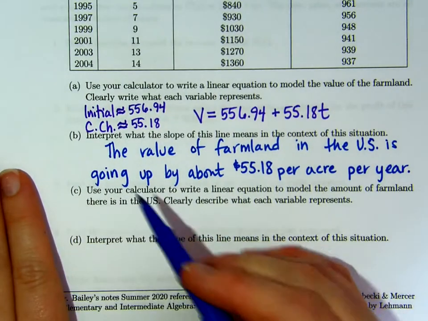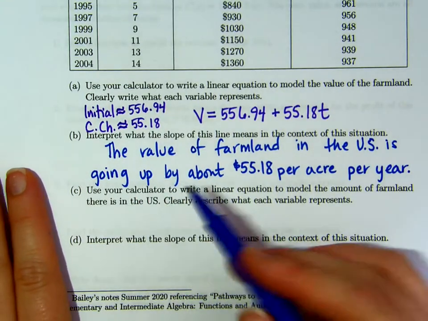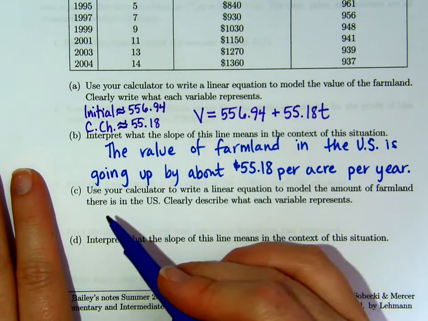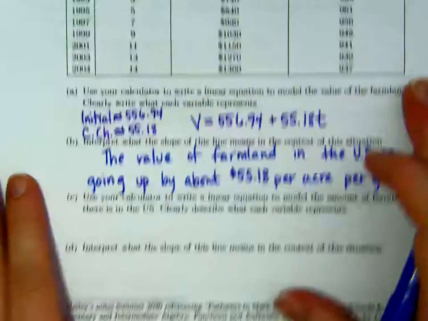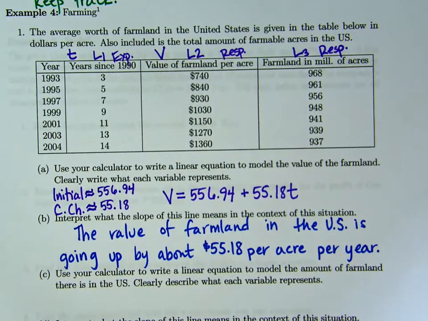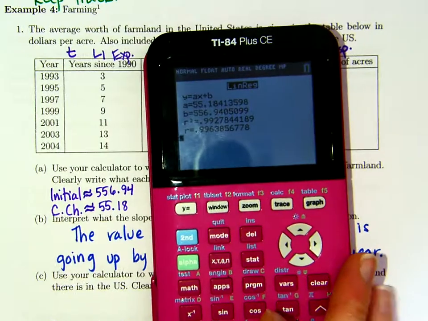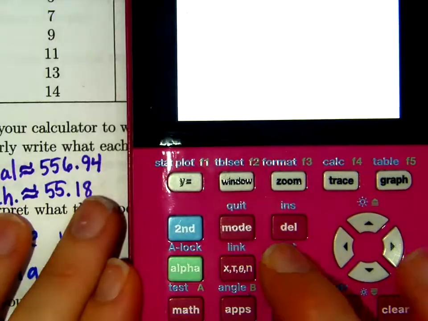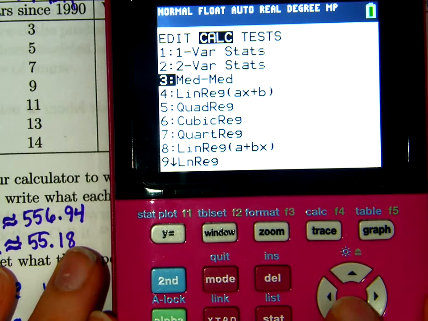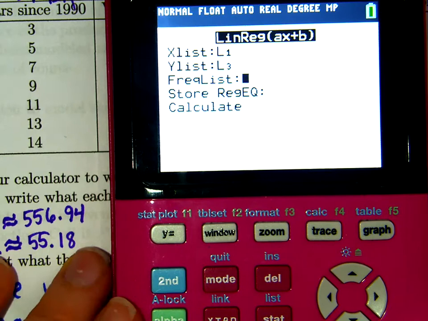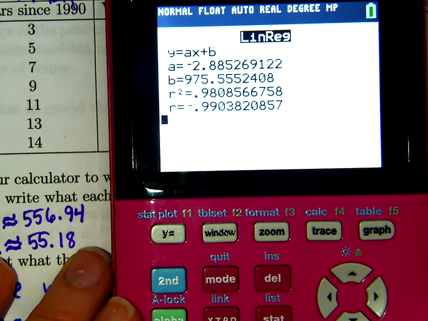Use your graphing calculator, or Desmos will also do this, to write a linear equation to model the amount of farmland there is in the U.S. So farmland, that's my list 3. Let's go through this process again. Stat, Calculate, Linear Regression Model, L1, L3, and Compute.